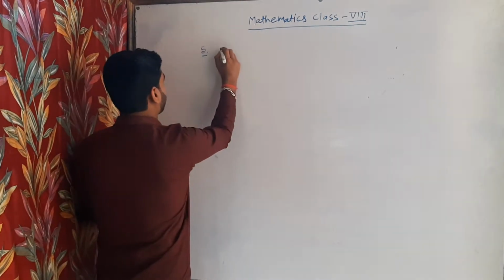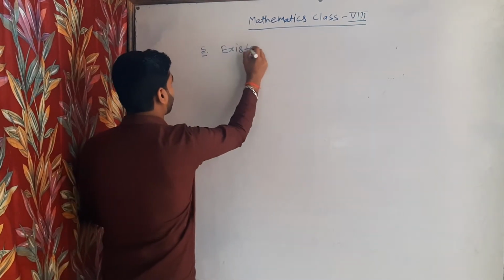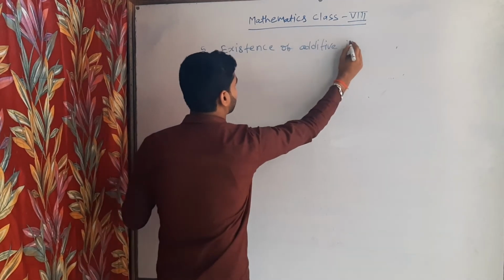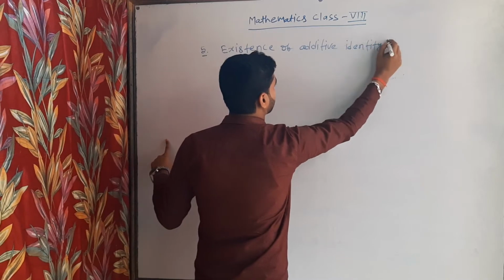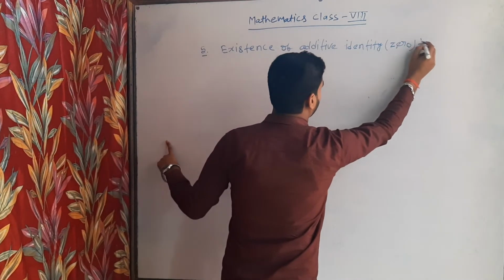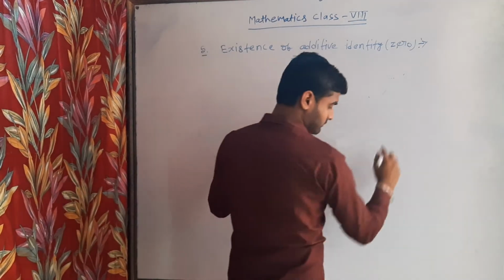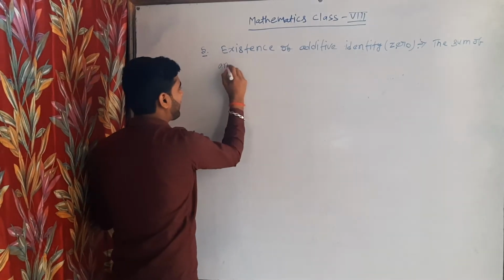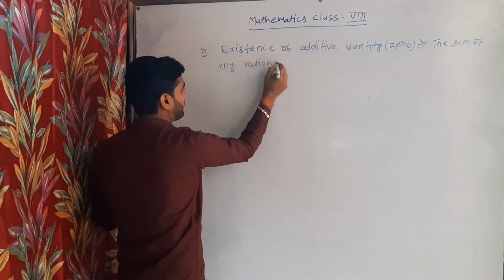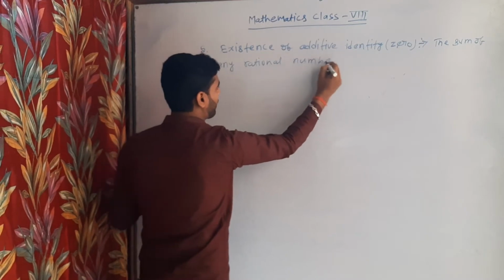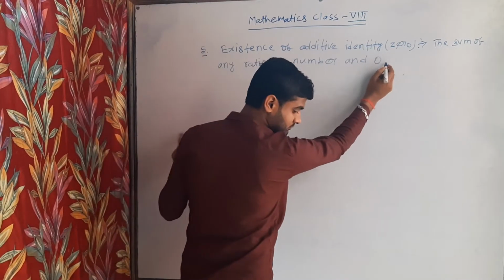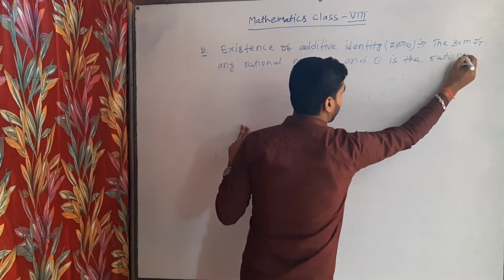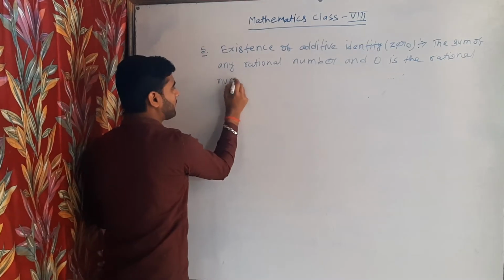Number 5, existence of additive identity, which is 0. The sum of any rational number and 0 is the rational number itself.